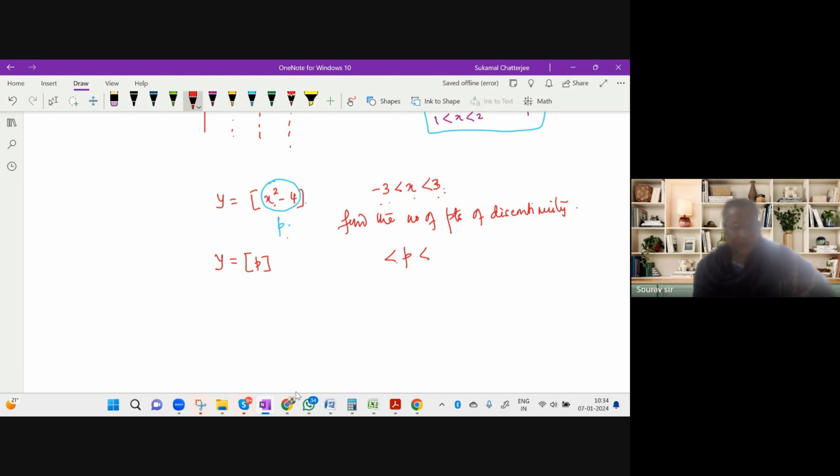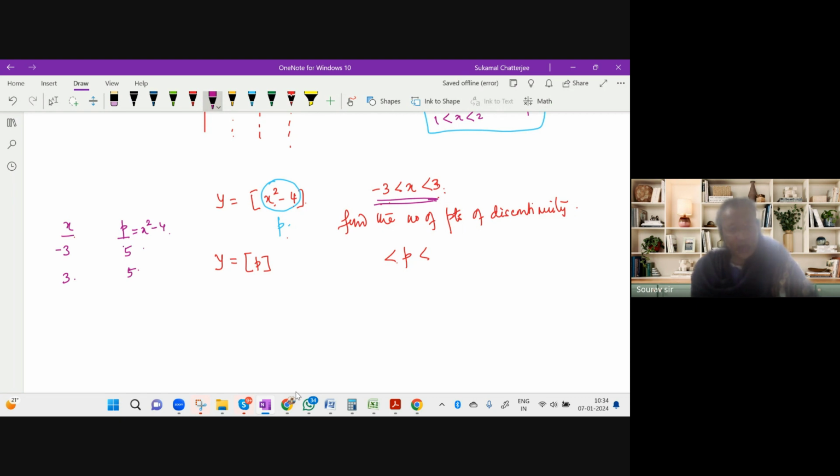See, consider the values of x and p. Now, x is lying between -3 and +3. So when this is -3, p is x square minus 4, so this is 5, right? Correct? Now, when this is +3, this is again 5.